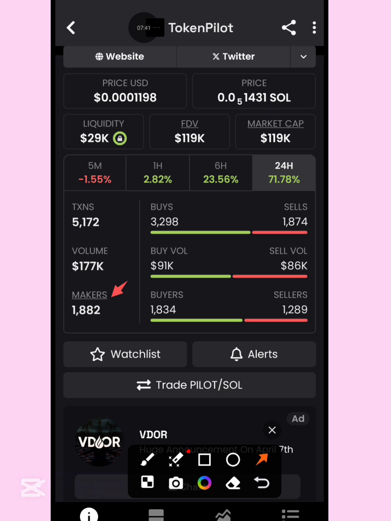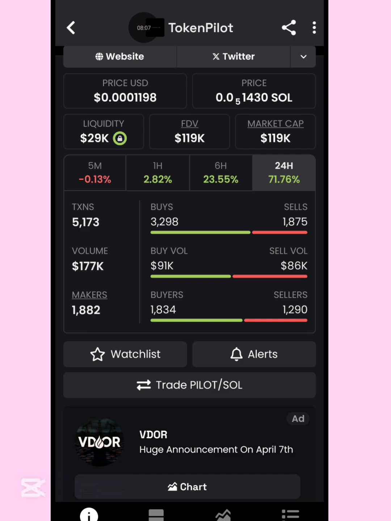1,882. But if I'm saying makers are both buyers and sellers, and we had 1,834 plus 1,290, it should be higher than 1,882 here. Now let me tell you why.